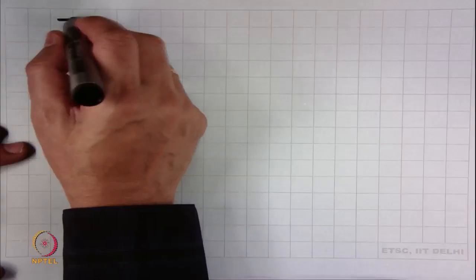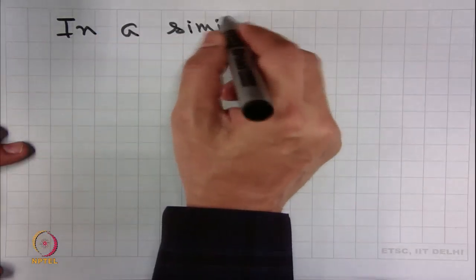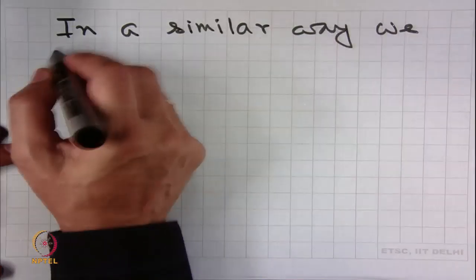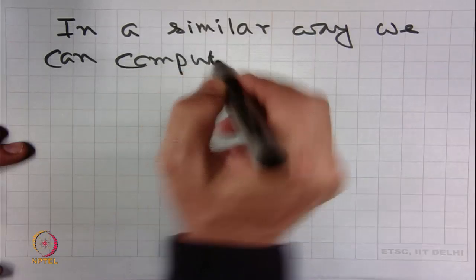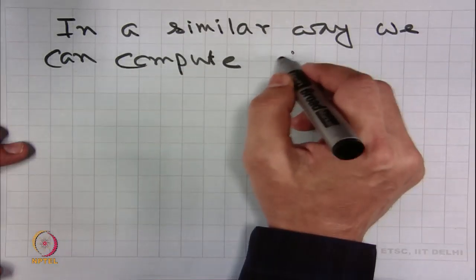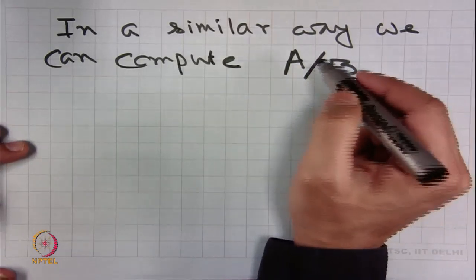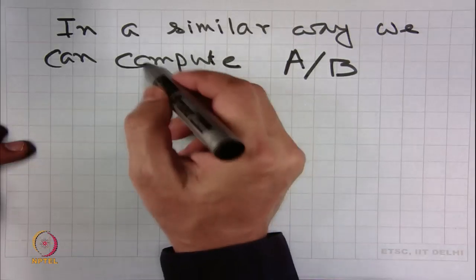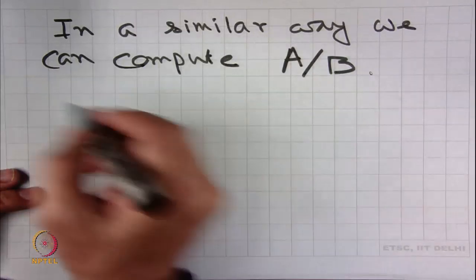In a similar way, we can compute A divided by B. Since A is a fuzzy number and B is a fuzzy number, A divided by B is also going to be a fuzzy number. And how do you get the alpha cut of this?